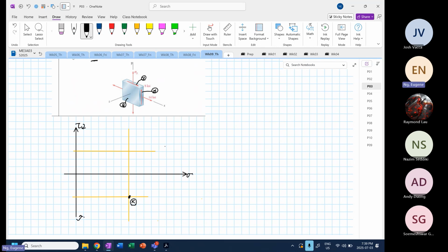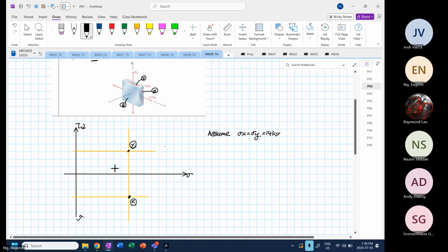So we're going to assume, okay, stress X is equal to stress Y, right? And we are going to assume that it is equal to 14 KSI. So we're going to assume this is Y, okay? So from here, we can draw our first circle.